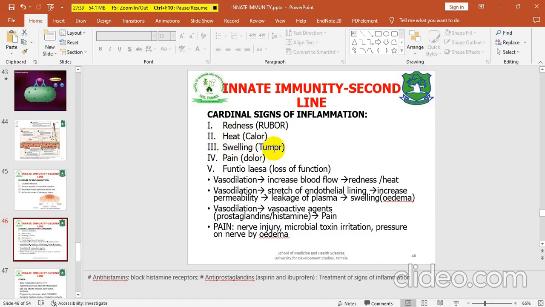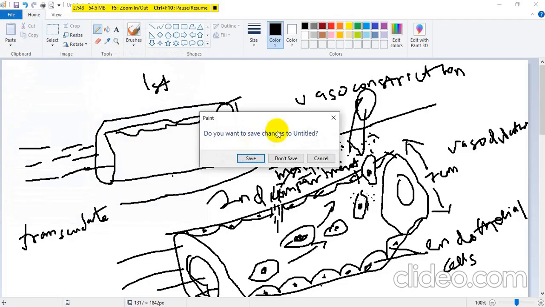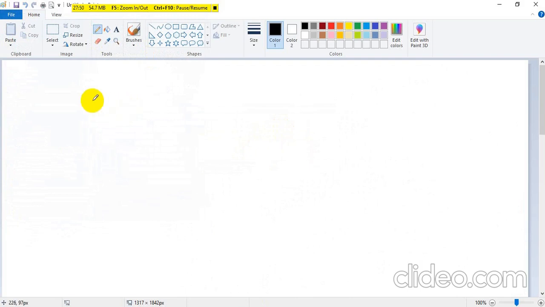Then swelling, the place will swell, and the swelling is called tumor. Whenever you hear tumor, you may think of cancer. Cancer cells are called tumor cells. And we have the benign tumor and the malignant tumor. Benign means that it does not spread.